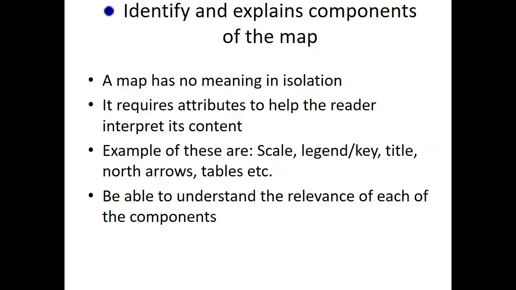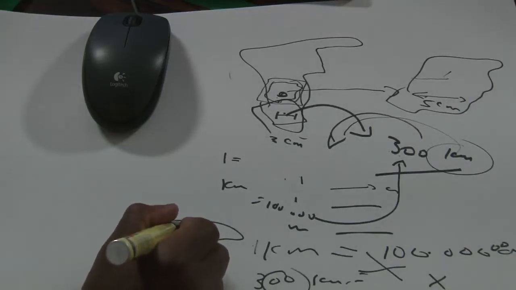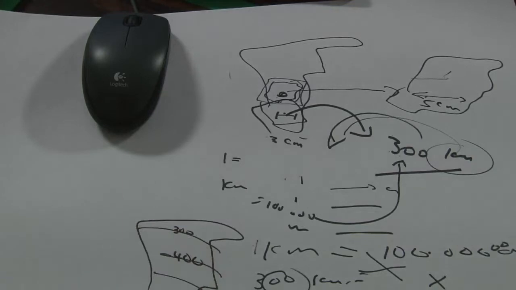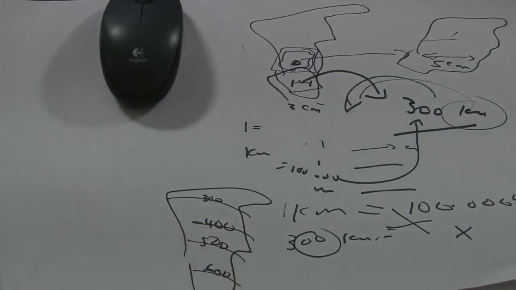Here is just to emphasize that on a map, if I put some lines in it, and on each line I put a value, maybe 300 here, 400 here, 500 here, 600 here, these are lines on the map, and each line has a value, but nobody knows what that value is. Is it elevation, is it rainfall, what does that value mean?